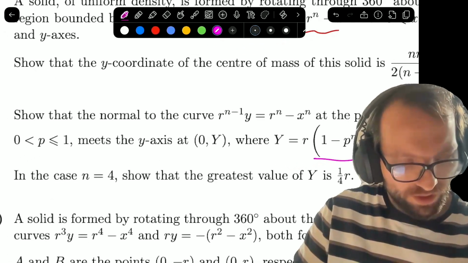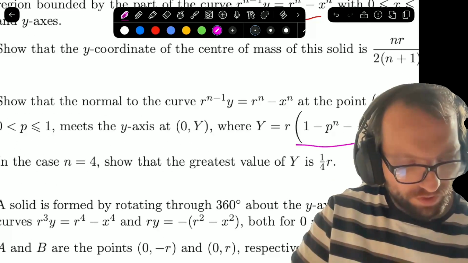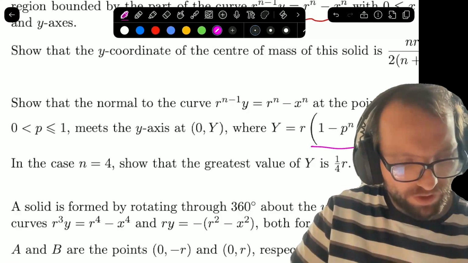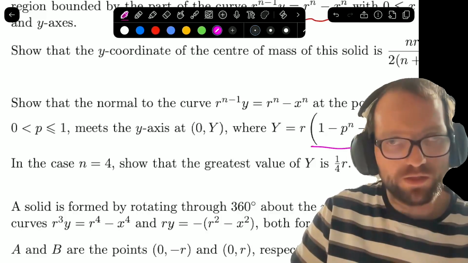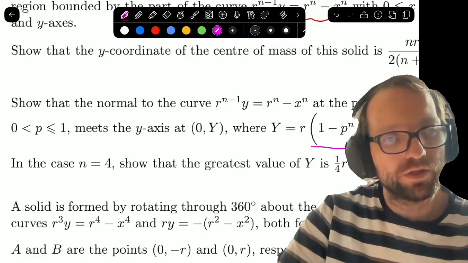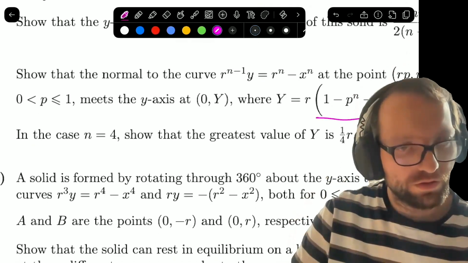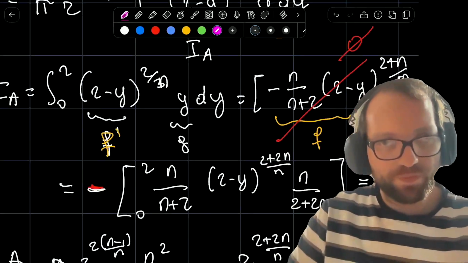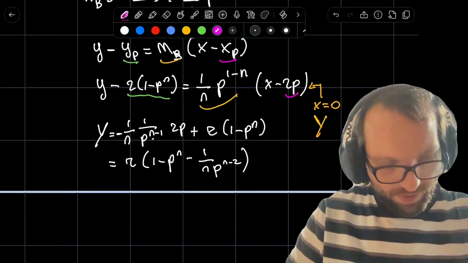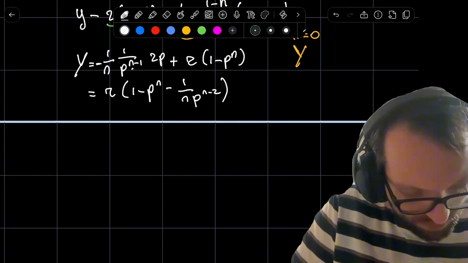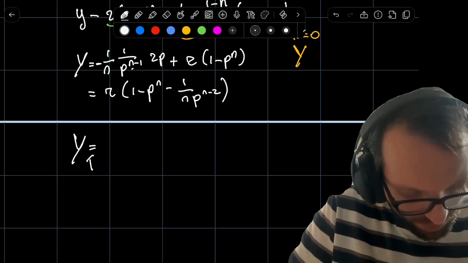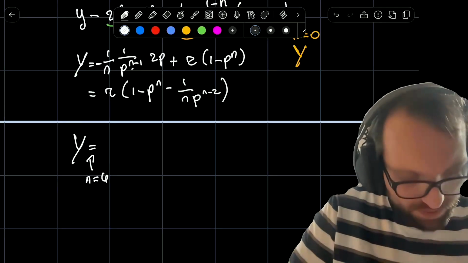Perfect. Okay, now they want to show that if n is equal to 4, the greatest value of big Y is r divided by 4. Okay, so here what we can do is, okay, what happens when n is equal to 4?